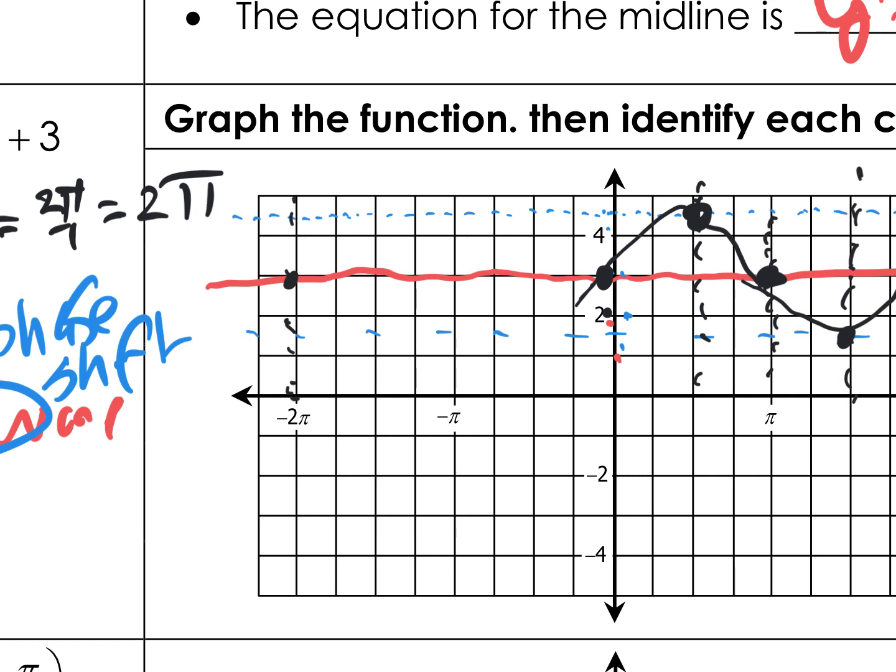I know negative pi was the middle of it. Then I cut those each in half every 2 units. That way I can either start from here and say, as I continue this pattern, it has to go all the way to the bottom, go to the midpoint, go up to the top. Either way, it's the same picture.